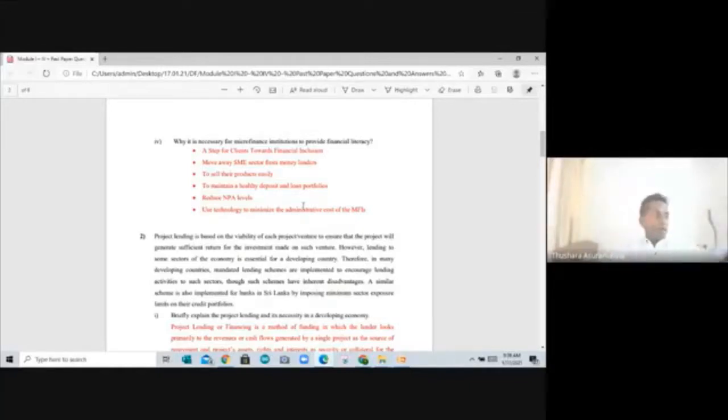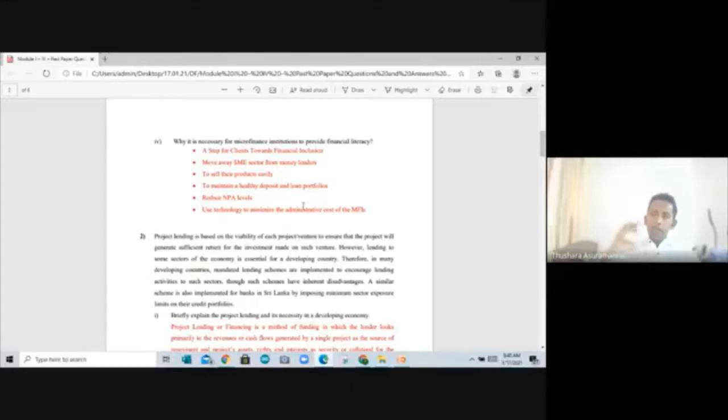They might tap through the internet, through e-commerce, and through dealers outside their region, because they have been given that knowledge. Healthy deposit and loan portfolio: the savings and the loans, they can manage them, because of quality loans, right? Quality portfolio, because they know the value of repayments.